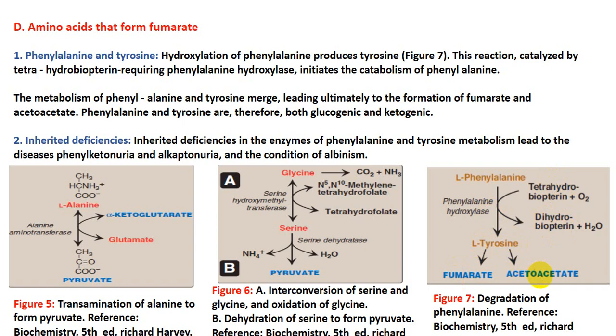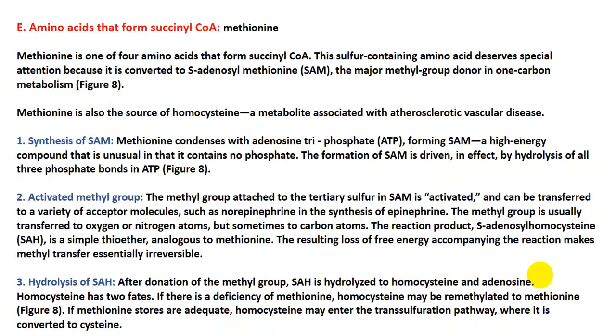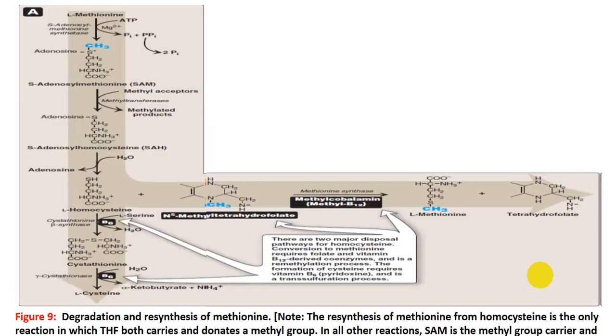Amino acids that form succinyl coenzyme A. Methionine is one of these amino acids, and it will be converted to S-adenosyl methionine, a reaction that requires ATP to be hydrolyzed to three inorganic phosphates.